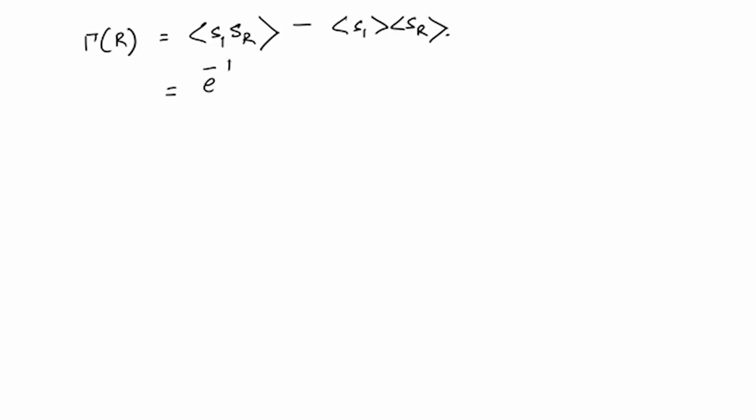So, what is gamma of R, the distance between the two spins, where 1 is the origin of the coordinate system, say. It is S1 SR minus S1 SR, and that goes as exponential of minus R over xi, and we are interested in calculating xi.